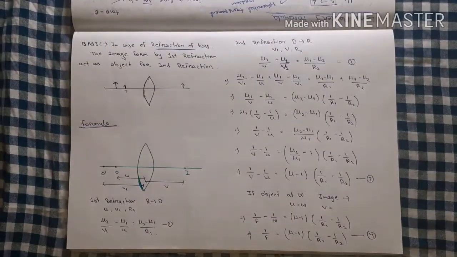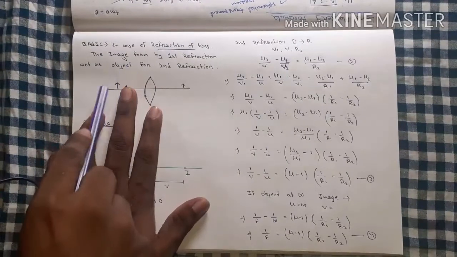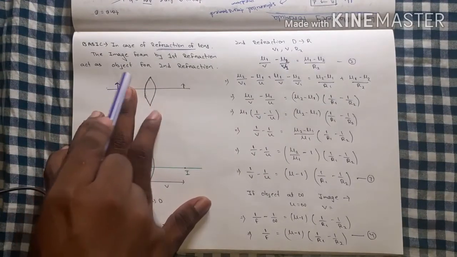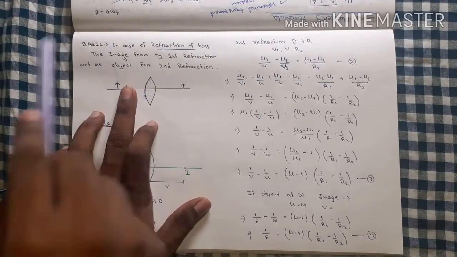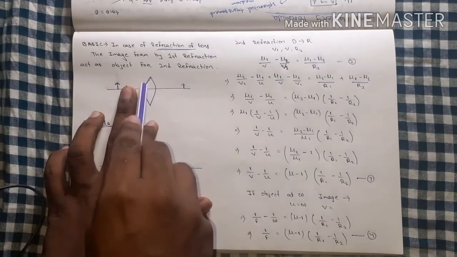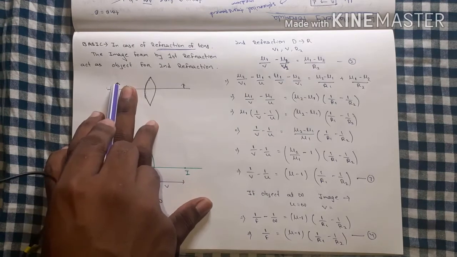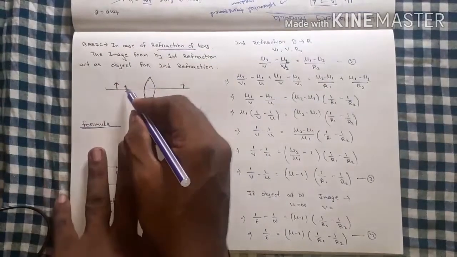Understand or not? Listen, I again repeat. It is the first object. Due to two surfaces, there will be two refractions. For the first refraction, this AB is the object. Due to the first refraction, an image will form.